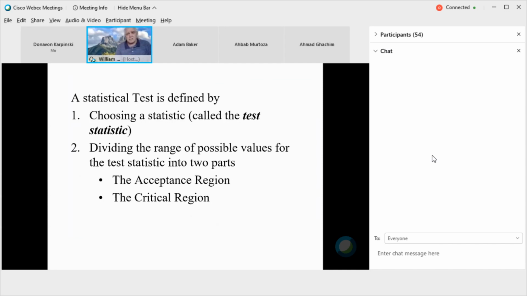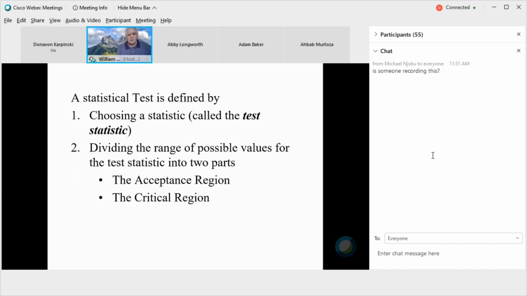To set up a test that will make the decision to accept or reject the null hypothesis, you have to choose a statistic. It's called the test statistic. There are techniques for developing test statistics that are very useful.